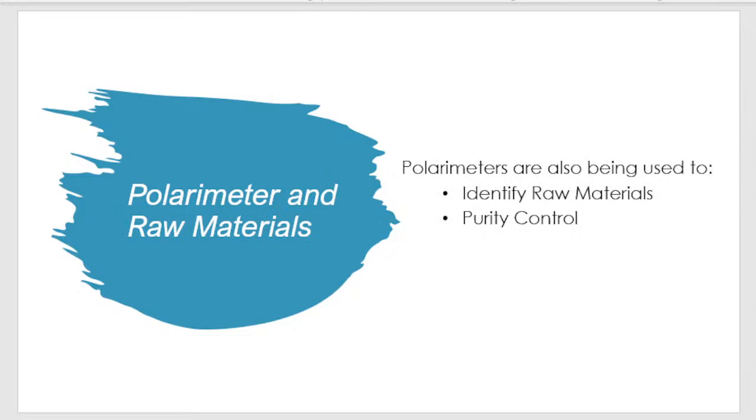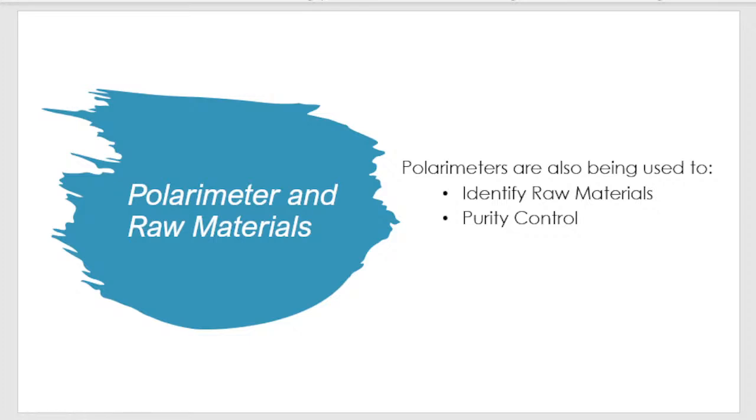Okay, polarimeters are also used when receiving raw materials. Because of the chiral effect of some substances, a polarimeter can help identify what a raw material is. Not only can it help identify, but it can also help you verify the purity for control purposes.